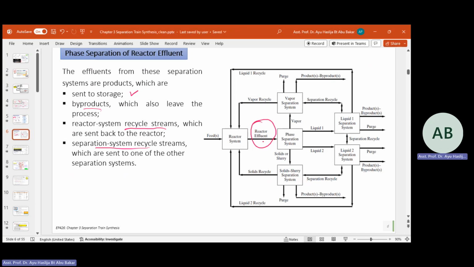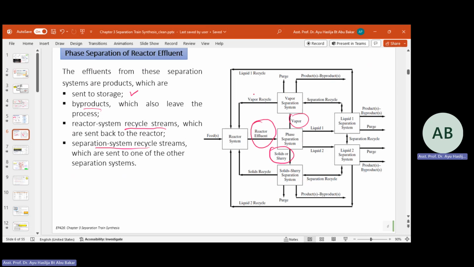Just after exiting the reactor, we have phase separation over here. It separates the phase first: vapor, solid, or slurry. The vapor goes up here, so perhaps here is a mixture of vapor. So you separate the mixtures of the vapor phase.